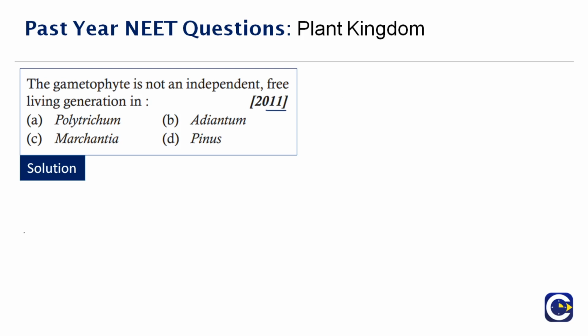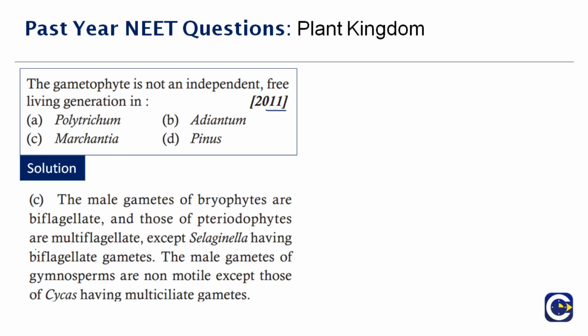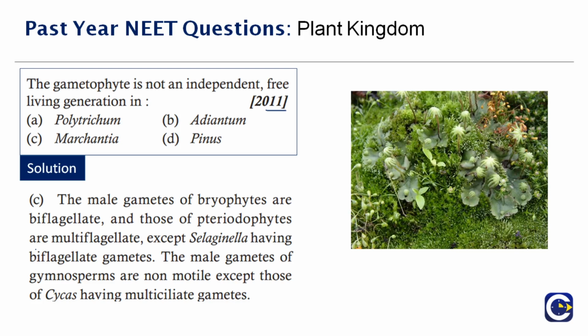It belongs to the family Marchantiaceae, and it is a thalloid liverwort. It forms strap-like, large colonies on the surface, with very thick growth over the surface that it covers. So the correct answer is option C, Marchantia. To your right side you can see the picture of it. This is how thick it grows over the surface.